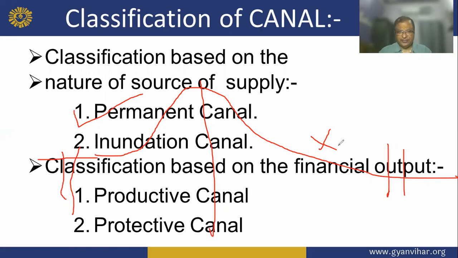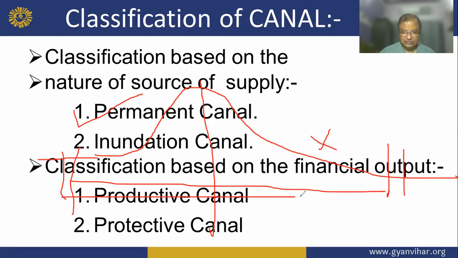So my dear boy, in this type, if water is sufficient here, and in this type, if water is deficient, you can join them by a canal. It means all the water of the basin has come to the basin.